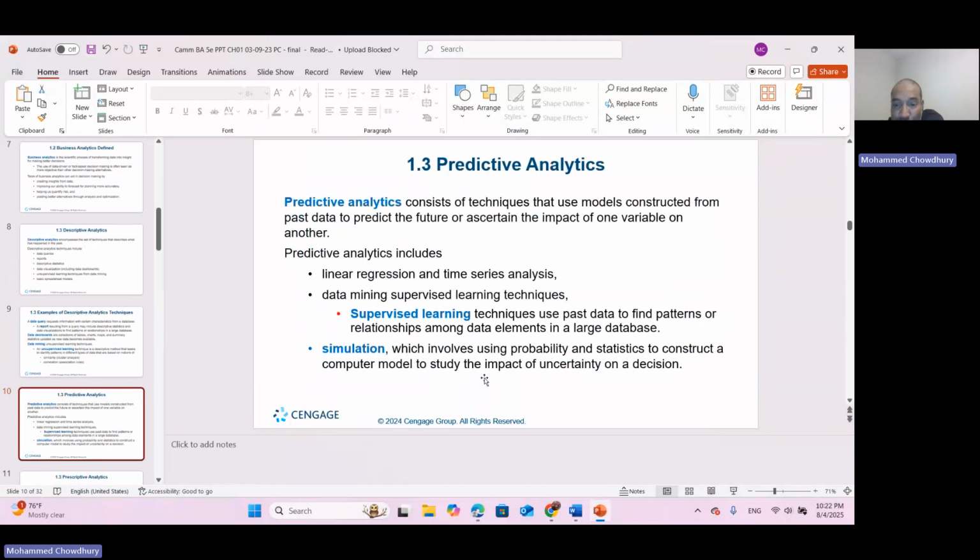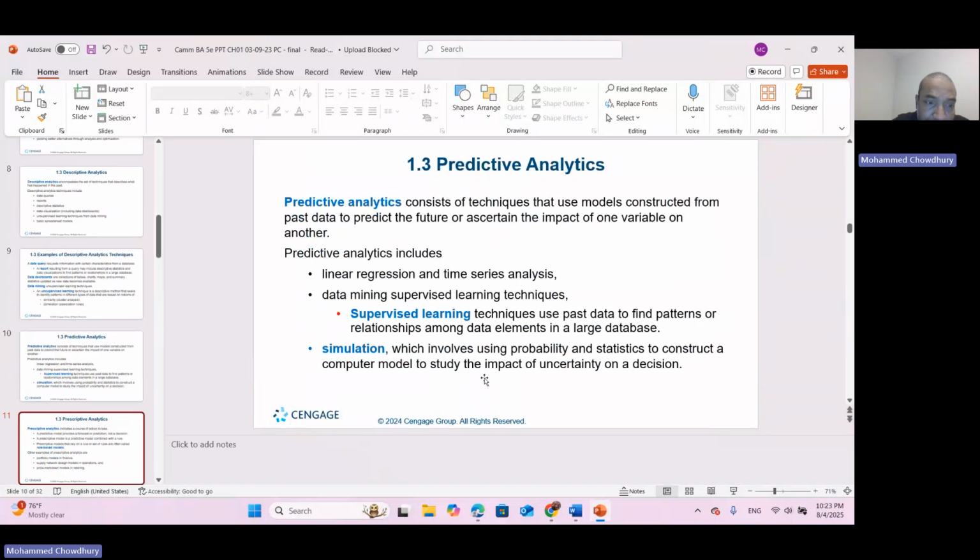Supervised learning techniques use past data to find patterns or relationships among data elements in a large database. And another one is simulation, which involves using probability and statistics to construct a computer model to study the impact of uncertainty on a decision.